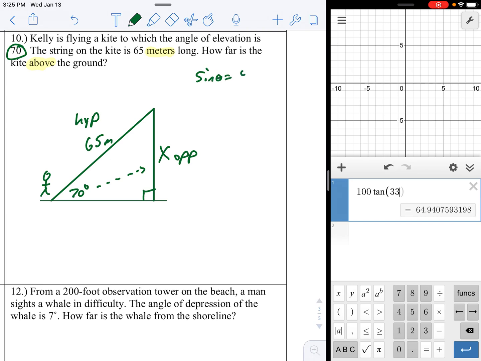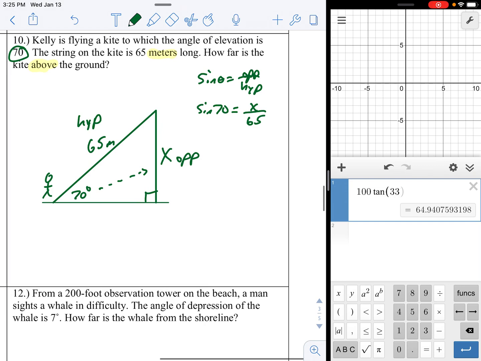Sine of theta equals opposite over hypotenuse. So plug everything in. Sine of 70 equals x over 65. Put the 70 for theta, the 65 for hypotenuse. X is my opposite. Multiply both sides by 65. Cancel that out. X equals this.